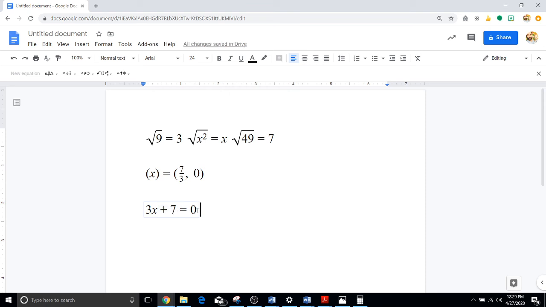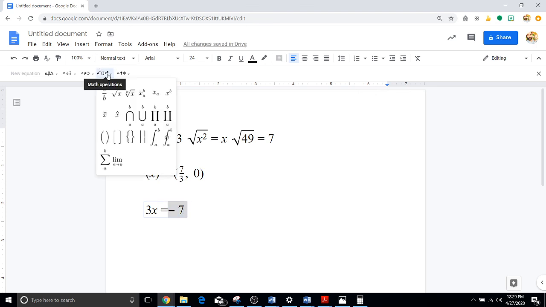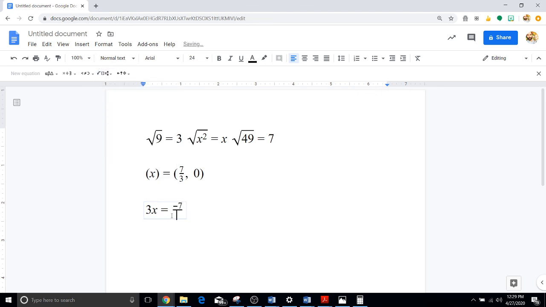This will cancel out. And we'll get negative 7 on the right. Last step is to divide by 3, so let's turn the 7 into a fraction. And there we go. There is our second intercept. Put it in front of a 0, comma 0, and we're done.